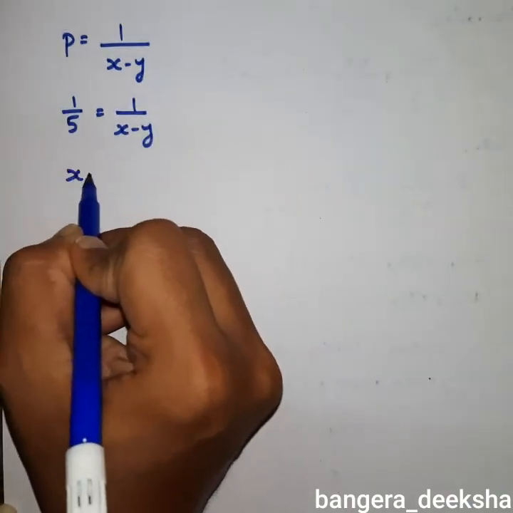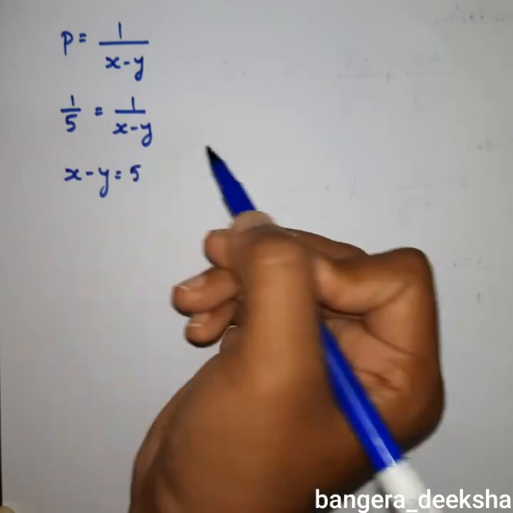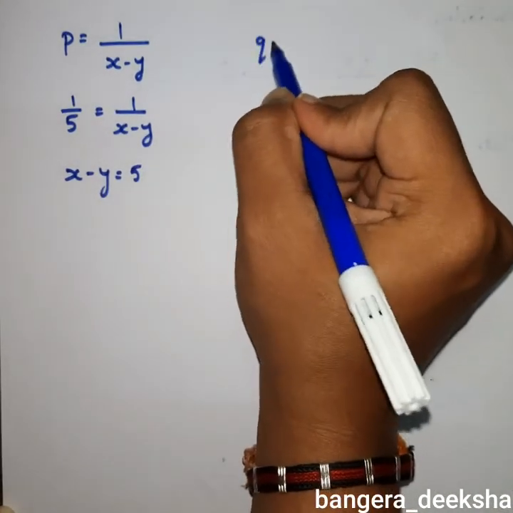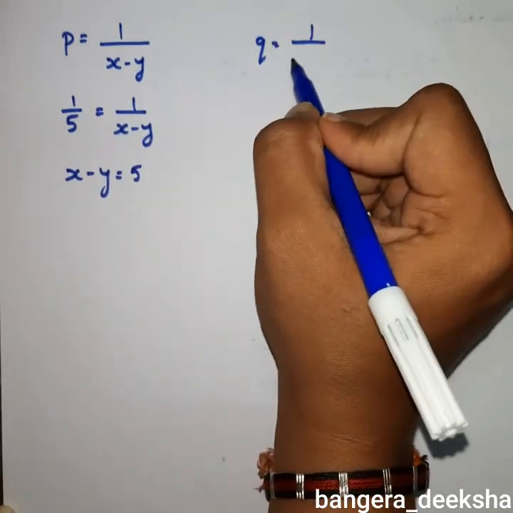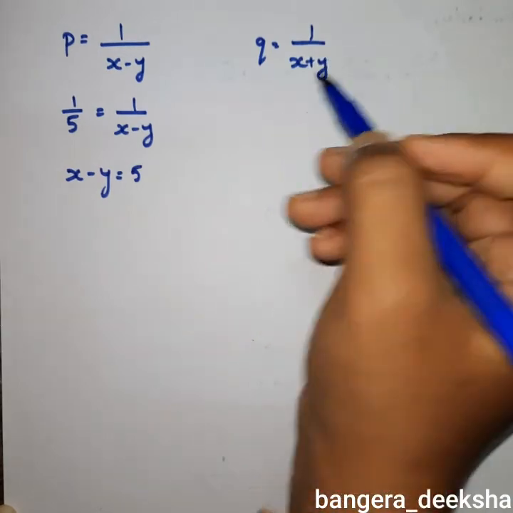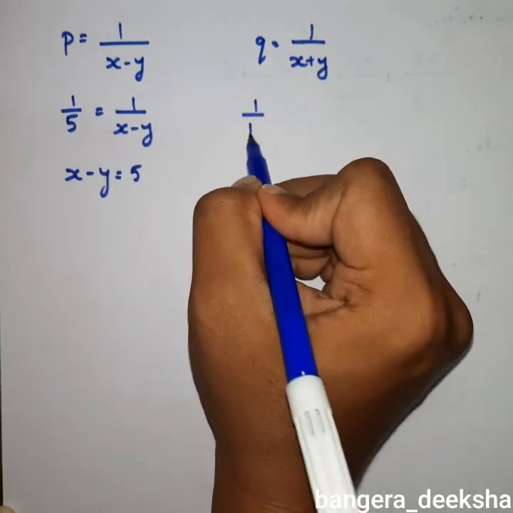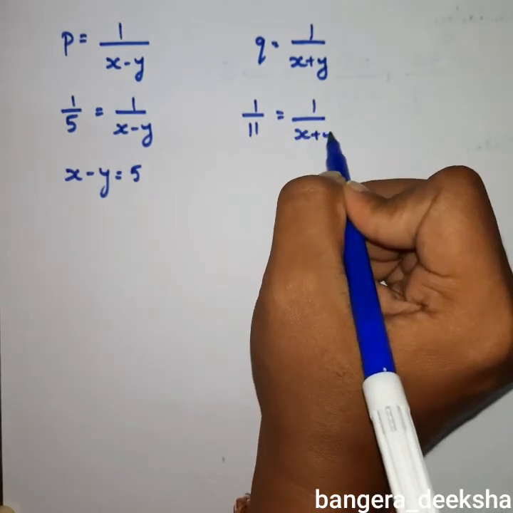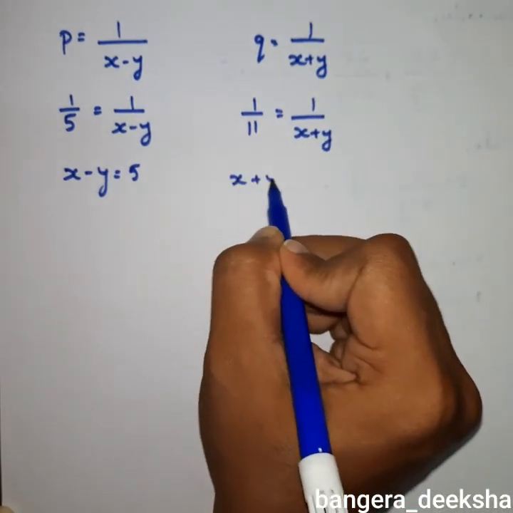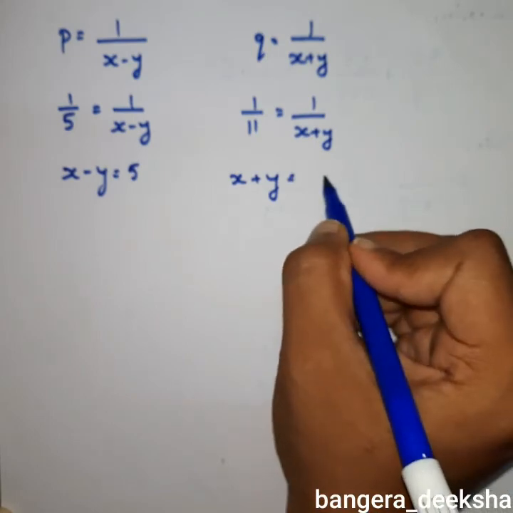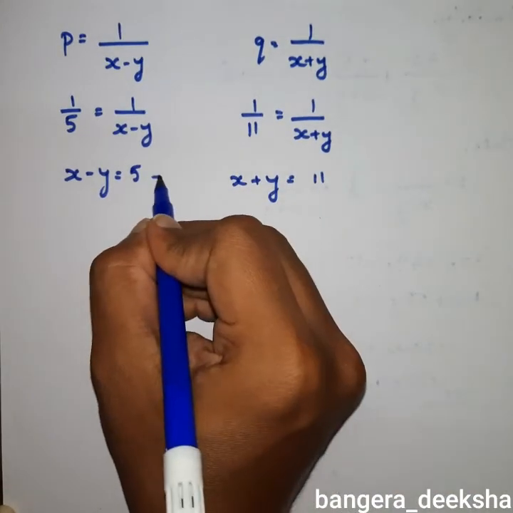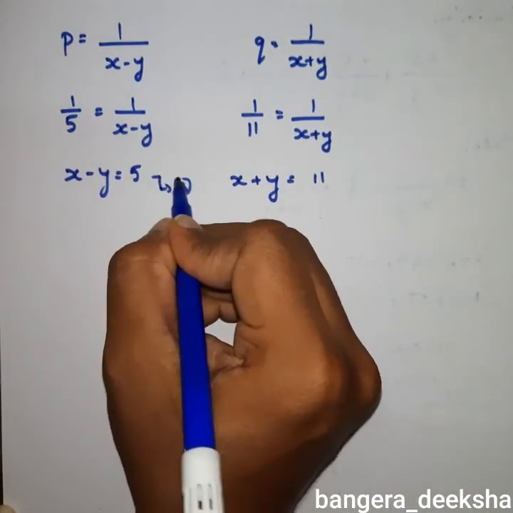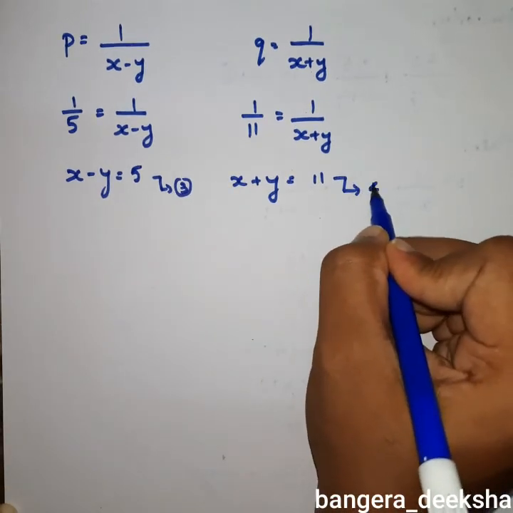Cross multiplying, I'll get x minus y is equal to 5. Similarly, Q is equal to 1 divided by x plus y, and Q is 1 divided by 11, so x plus y is equal to 11. So this is my equation 3 and this is my equation 4.